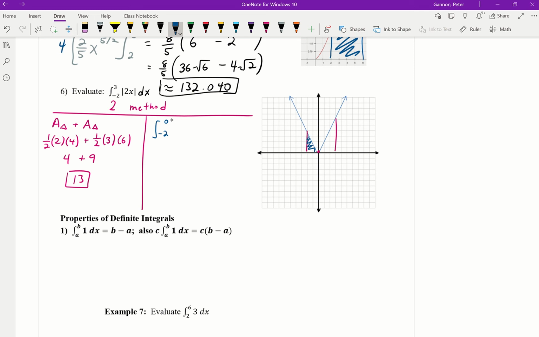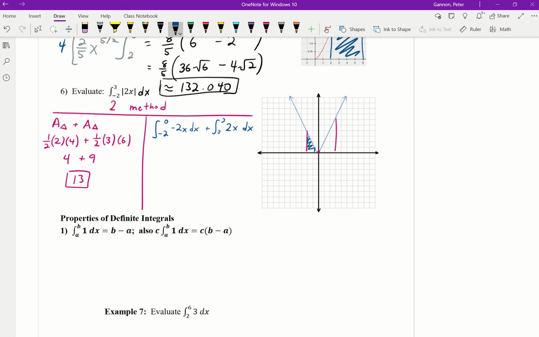So this is going to have the function negative 2x dx. And then on the right-hand side, we're going to integrate from 0 to 3, but now we have a line with a positive slope. And that's going to be positive 2x dx. So essentially what we did is we wrote that absolute value function as a piecewise function. Less than 0, it's negative 2x. Greater than 0, it's positive 2x.